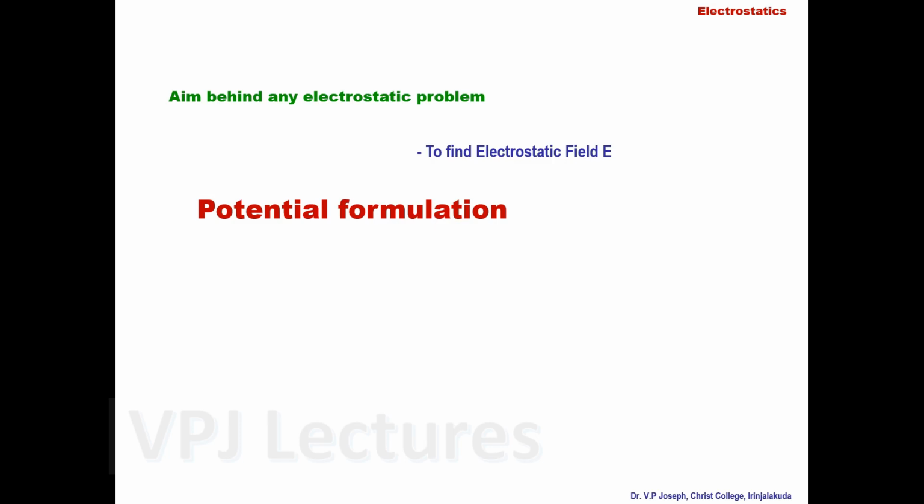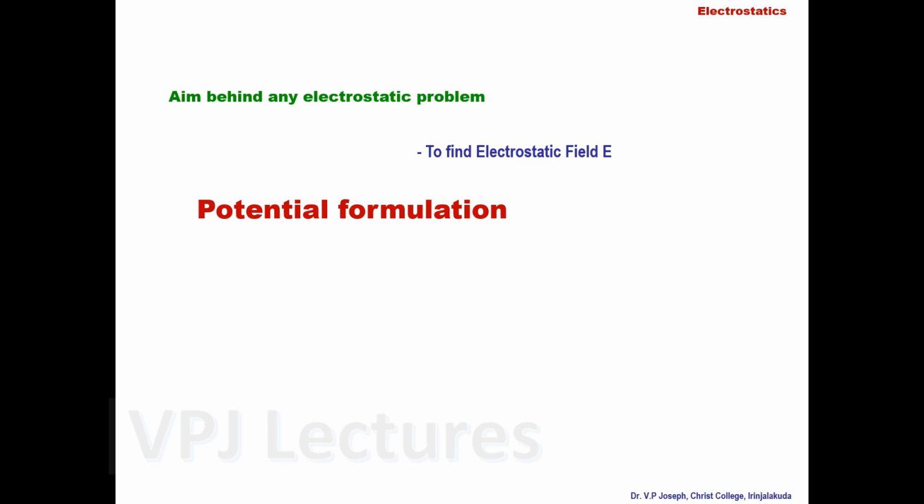Now, the next point that we want to discuss in electrostatics is the potential formulation, which is actually a helping tool. Our aim is to find the electrostatic field, and we want to simplify this in certain situations.